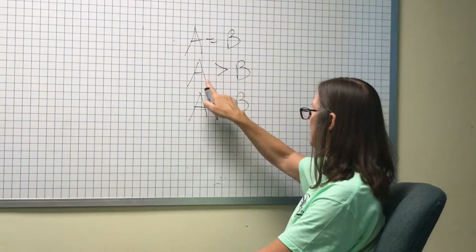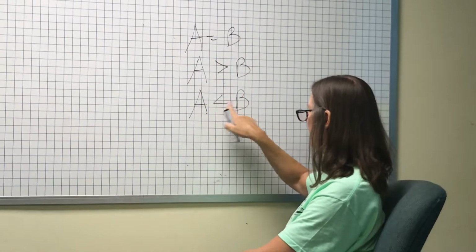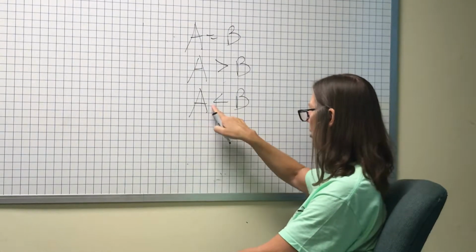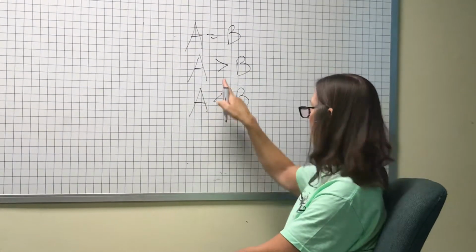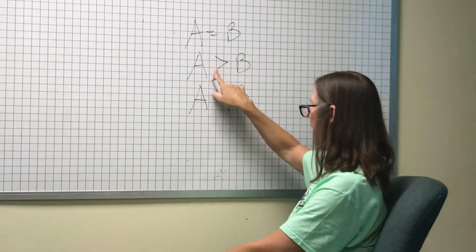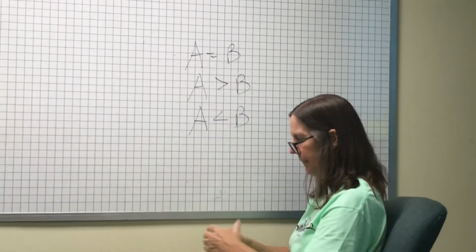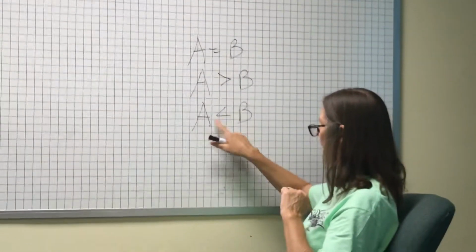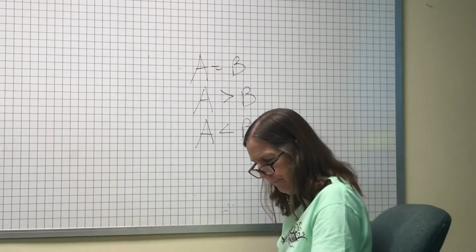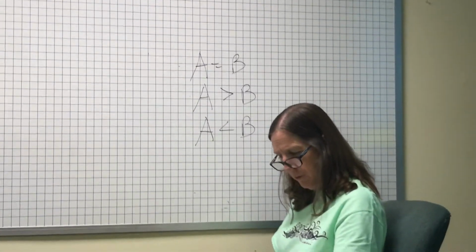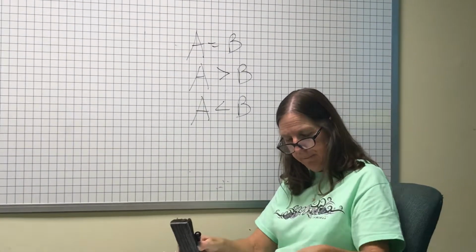So it's opened up to the larger. So this one means this one is bigger, this one is smaller because it's pointing to the smaller. The point goes to the smaller. The mouth is open to the bigger. So that is a greater than, that is a less than symbol. Then you have some think it through questions and some more principles.